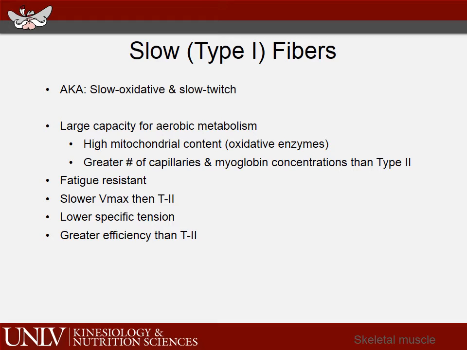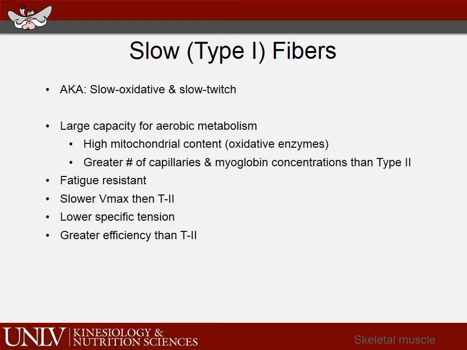They're more efficient than their type 2 counterparts, because they're using less ATP to produce the desired force. But again, your type 2 may be requiring a greater force output. So this is one of those interesting things. But if they were producing a similar force output, it would require less ATP.